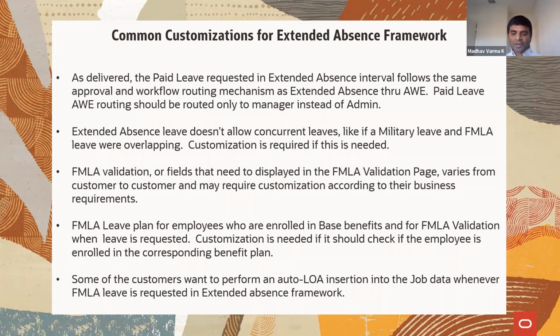So this is one of the common customizations, right? Whenever you request an FMLA, you want an automatic row to be created on the job data, which PeopleSoft does not have. I think we are still in the development phase of that.